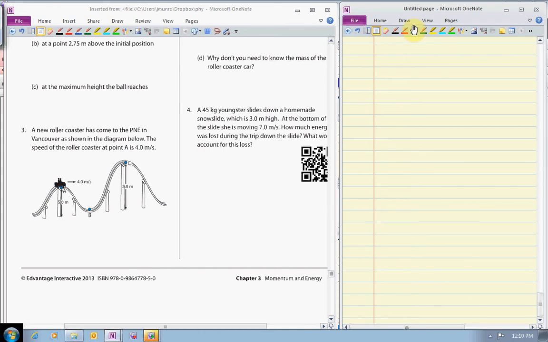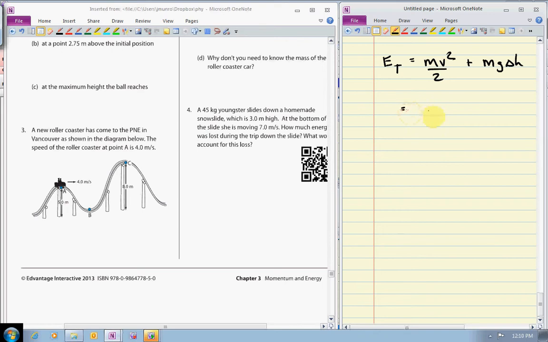All right, in question 3 of 3.5, I wanted to show you a different approach to this question. We would calculate the total energy of the system, realizing that it's always going to be the same. So, kinetic energy and potential energy at any location, the sum of them has to equal the same value.